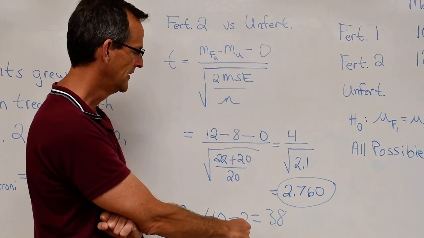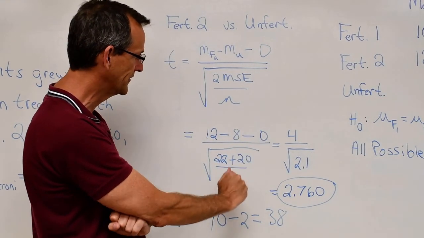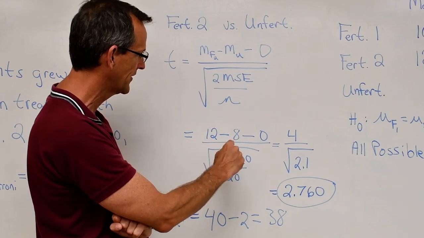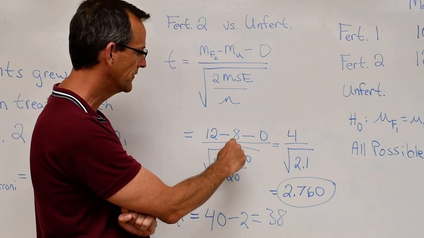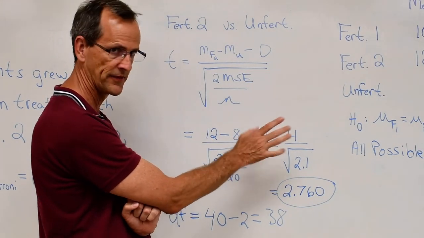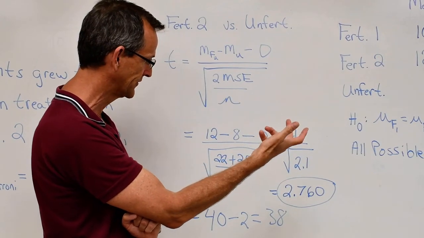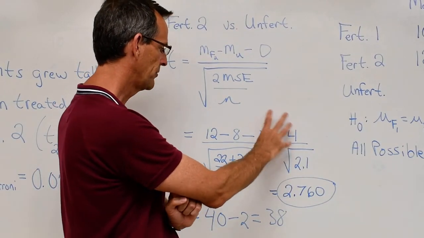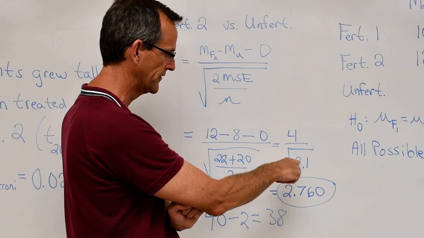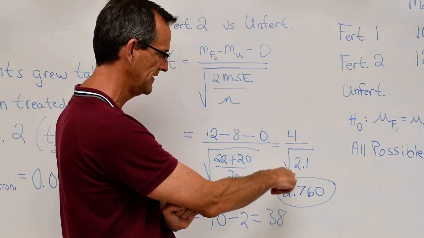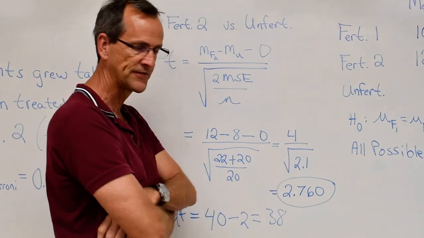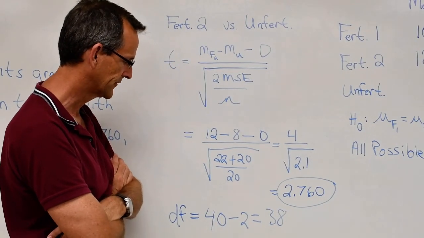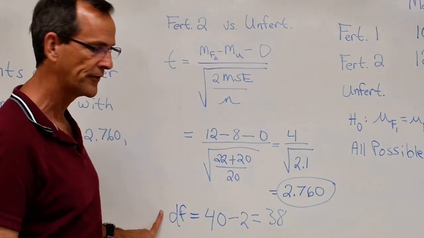Now when I plug all this in, we've got the mean of the fertilized plants, the mean of the unfertilized plants, and the hypothesized difference is 0. When I plug all this in, I get 4 over the square root of 2.1, and this is the t-statistic that I got. What about degrees of freedom?